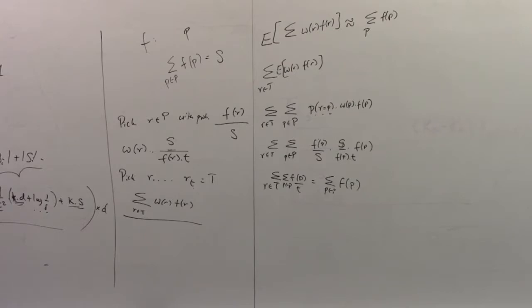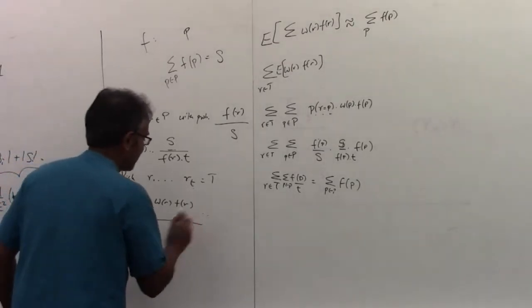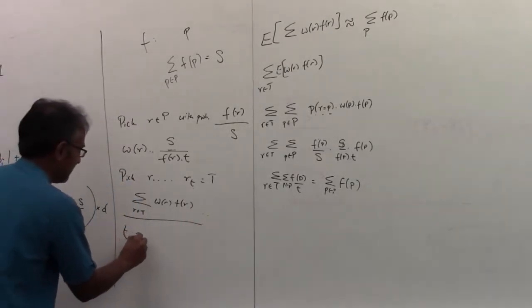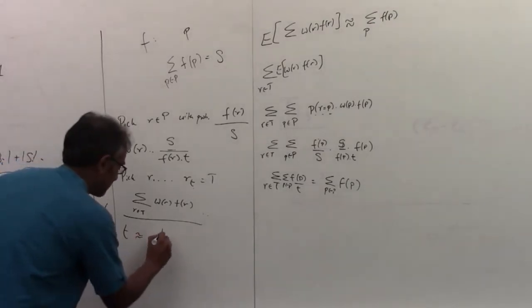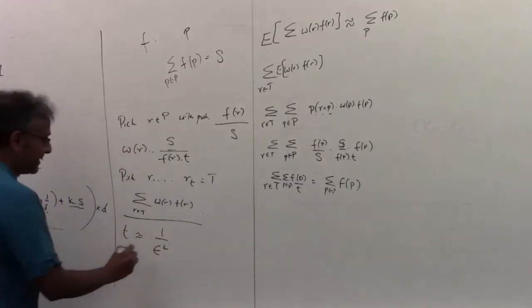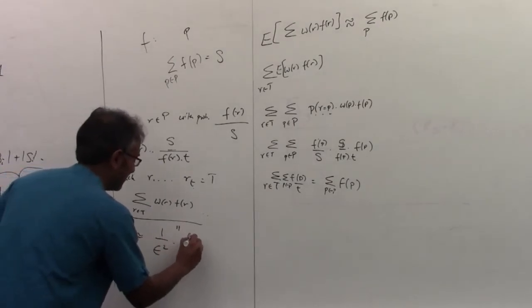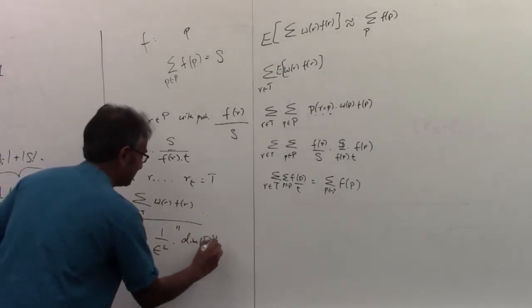So to cut a long story short, what you can show is that if you set t to be something like, and this is one of these VC dimension bounds, some constant over epsilon squared times, I'm going to put in quotes here, the dimension of this function.